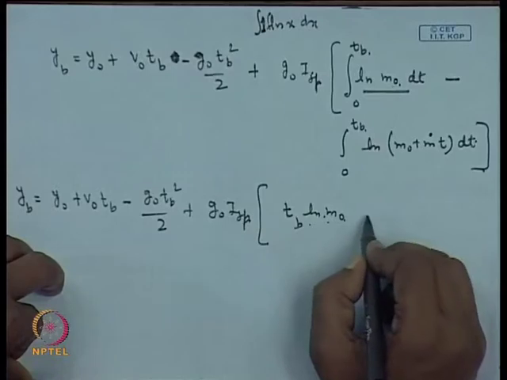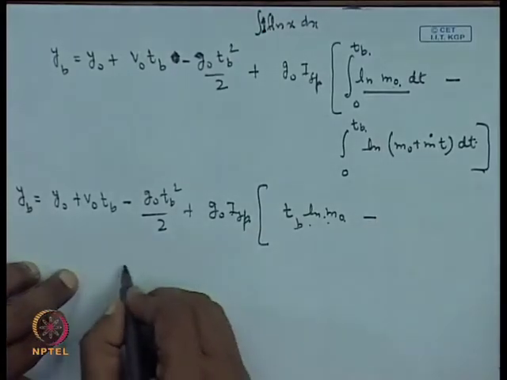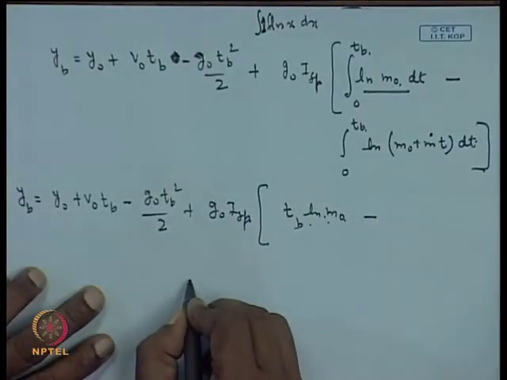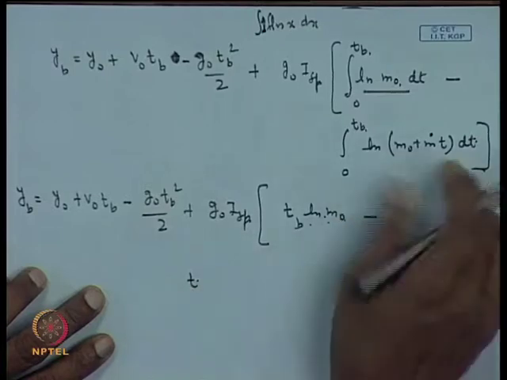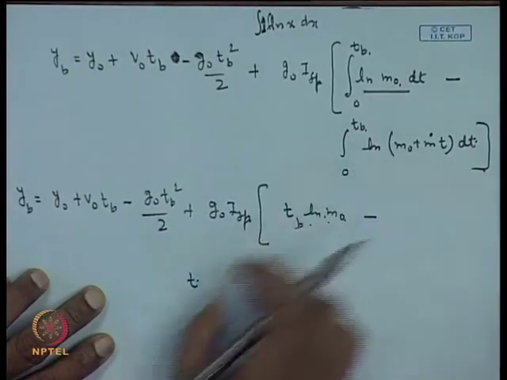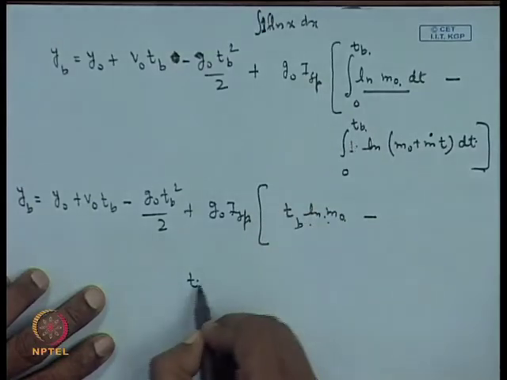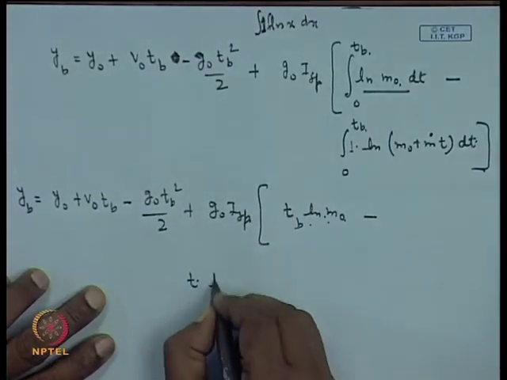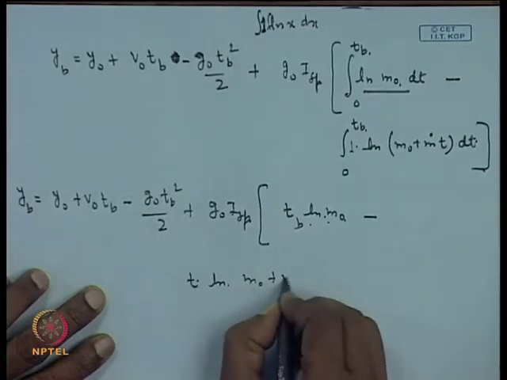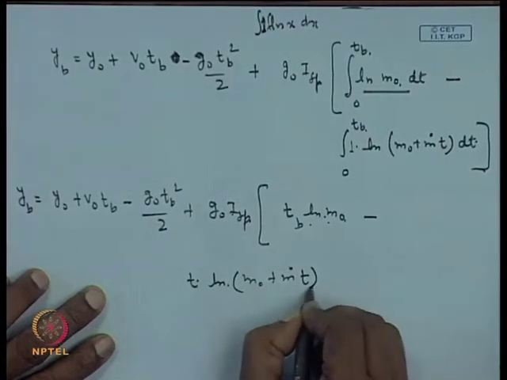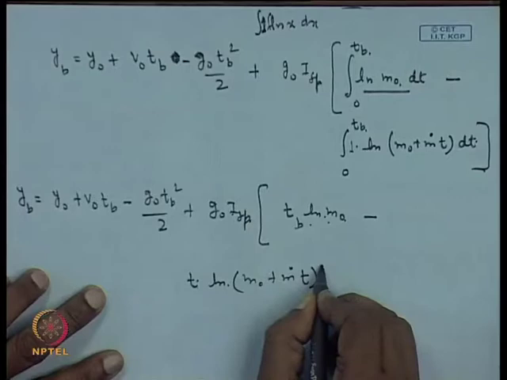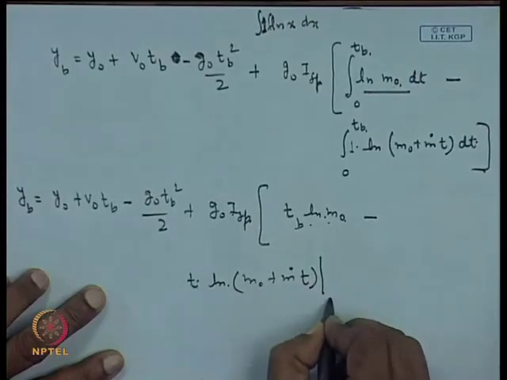So, T b times ln m 0 minus t times, and differentiating next, we are assuming the 1 to be present. So, integrating it gives you t, and this is ln (m 0 plus m dot t), evaluated between 0 and T b.